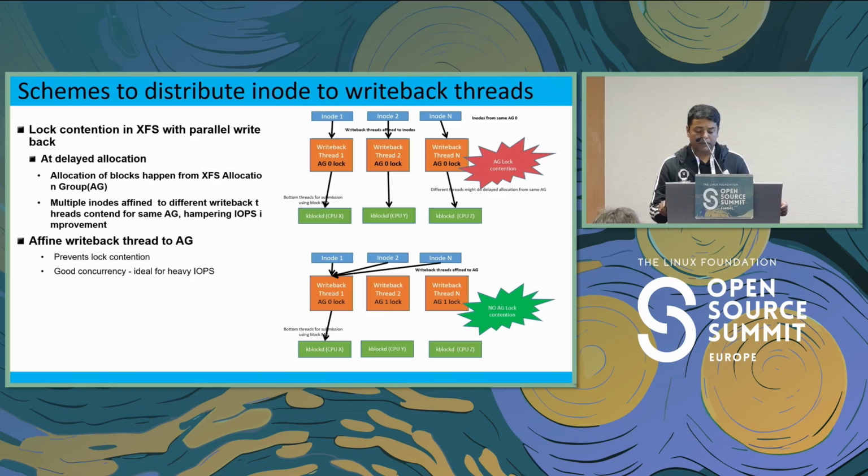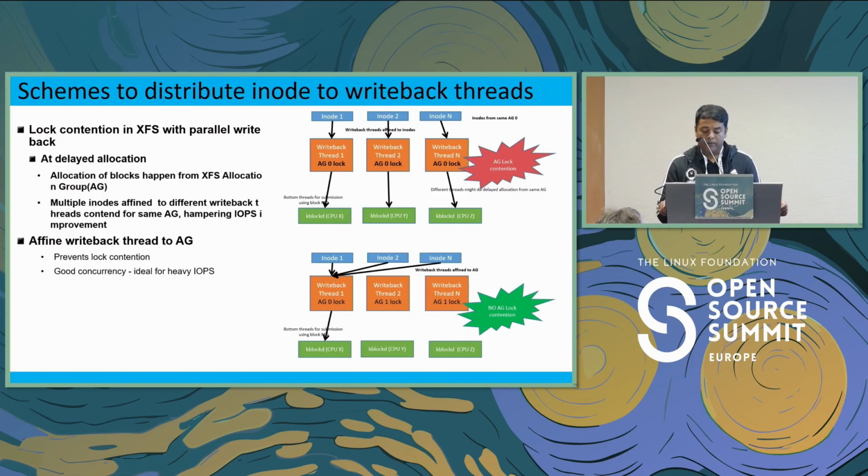The issue is allocation group lock contention. What can happen is that inode 1, 2, and inode n can belong to the same allocation group of XFS, and the allocation of blocks happens from the same allocation group via multiple writeback threads.